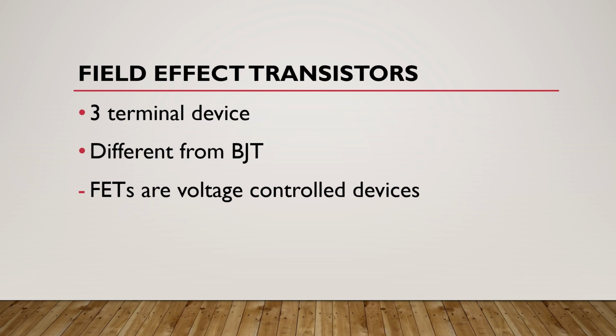The second difference is that bipolar junction transistors are bipolar devices where the conduction level is a function of two charge carriers, electrons and holes, whereas field effect transistors are unipolar devices which depend solely on either electrons or holes for conduction.